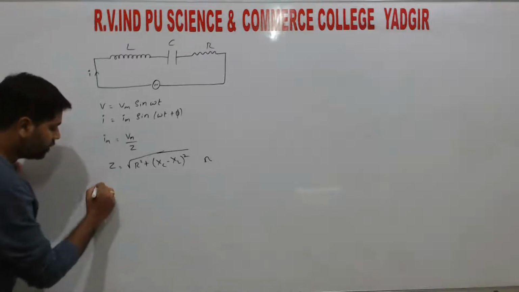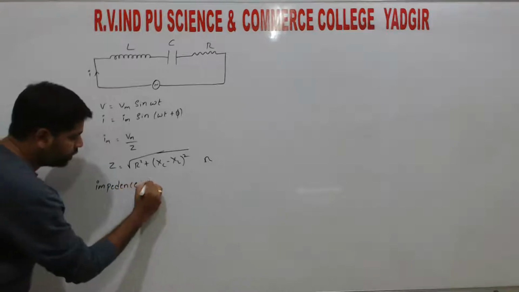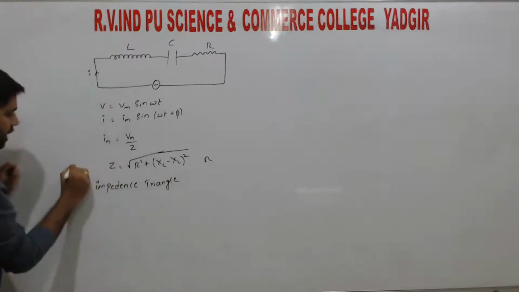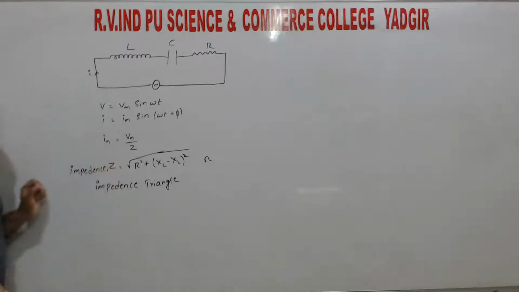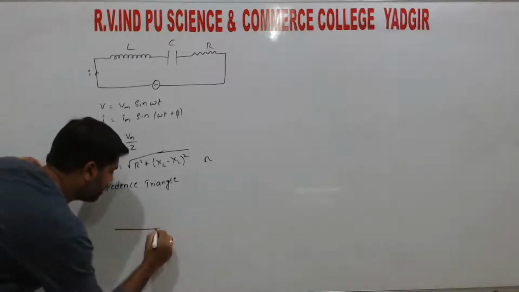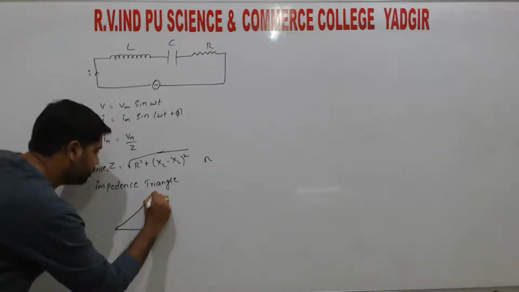One more thing here, the impedance triangle. Impedance is denoted by Z. So, the impedance triangle: we draw a right angle triangle.